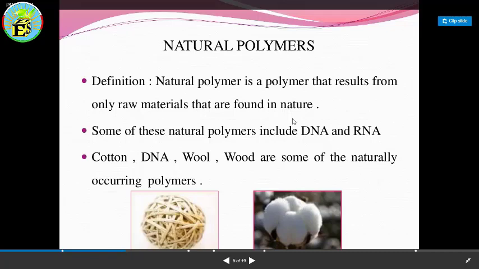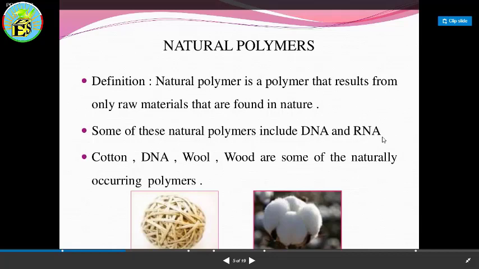First are natural polymers. First we will look at the definition. A natural polymer is a polymer that results from only raw materials that are found in nature. For example, DNA and RNA.